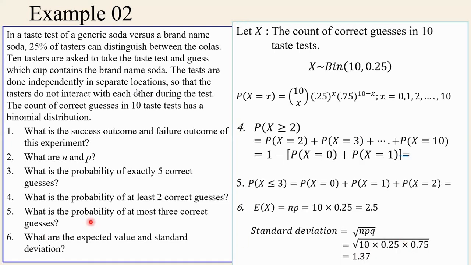Then the second one: what is the probability of at least 2? Here you have to get the meaning of the words. At least 2 means a minimum of 2 tasters will identify, or more than 2, but minimum 2. So we write the probability of X greater than or equal to 2.